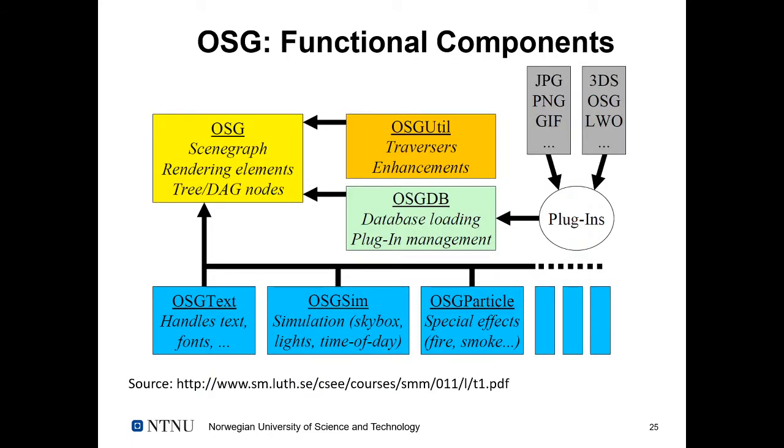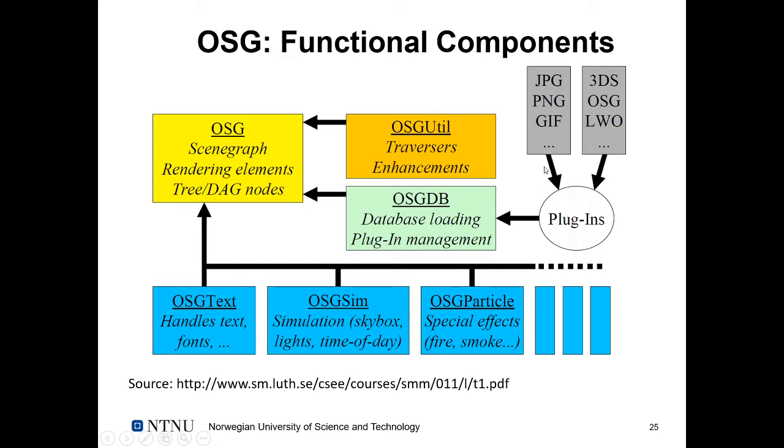So basically these are the functional components of OpenSceneGraph. Everything is centered around the scene graph itself, basically the rendering elements, which is the tree or DAGs, which we saw in the previous video. You have some utility functions connected to it, for example traversers for the tree or graph that you have, which is built in.